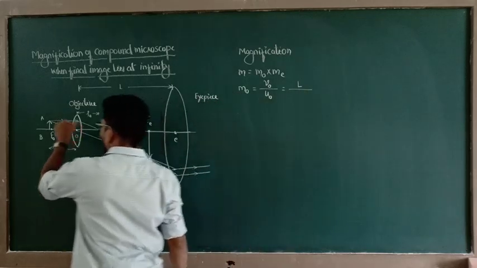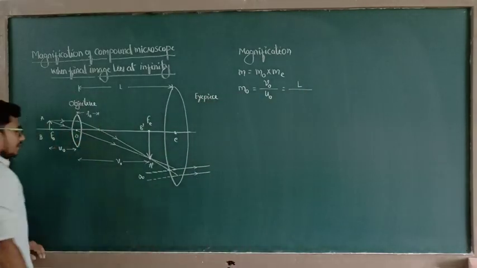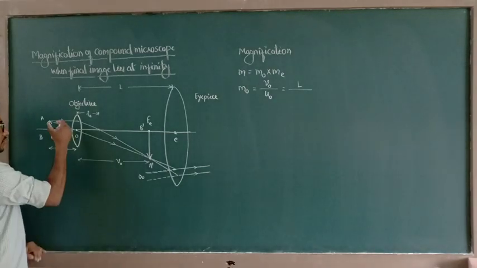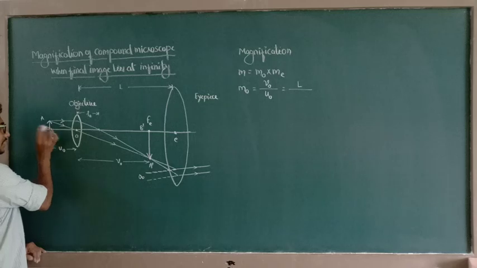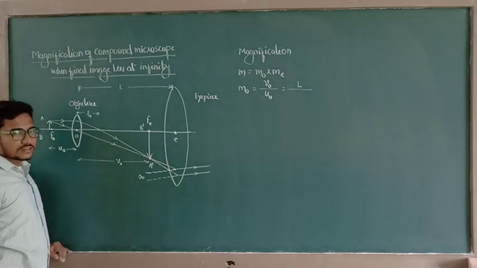So this is our object AB, which lies just outside the principal focus.